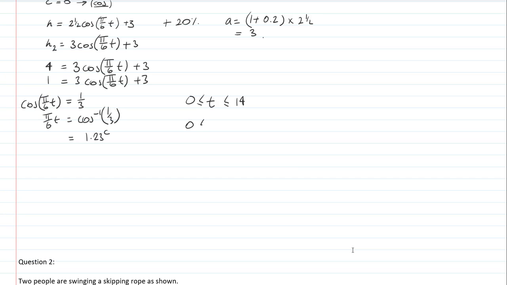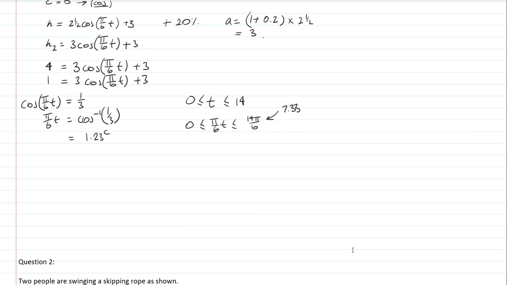So that is 0 is less than or equal to pi on 6t is less than or equal to 14 pi on 6. Now, obviously this hasn't come out with a nice exact value, so I might just swap that 14 pi on 6 to be 14 times pi divided by 6, so this is about 7.33038, etc. So I'm looking for that as my upper bound.